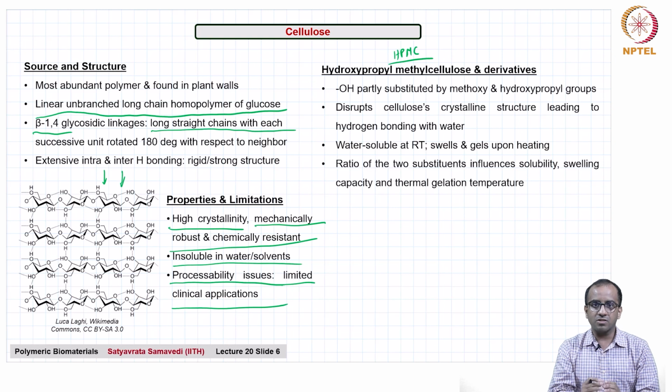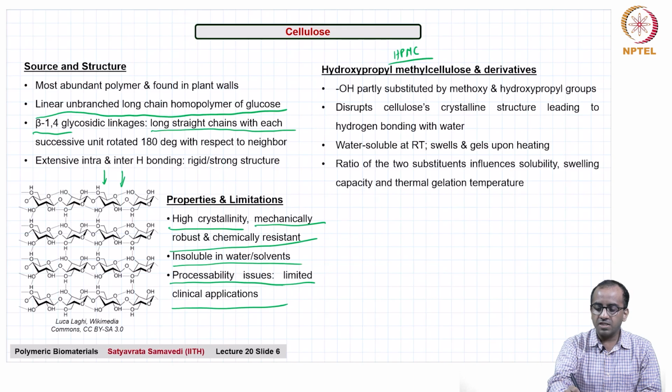But in a course like this, what is more important to take away is concepts and patterns that you can now draw parallels across polymers, because when you come across a new polymer, then perhaps a similar concept will be applicable there as well. So, that is what is happening here.